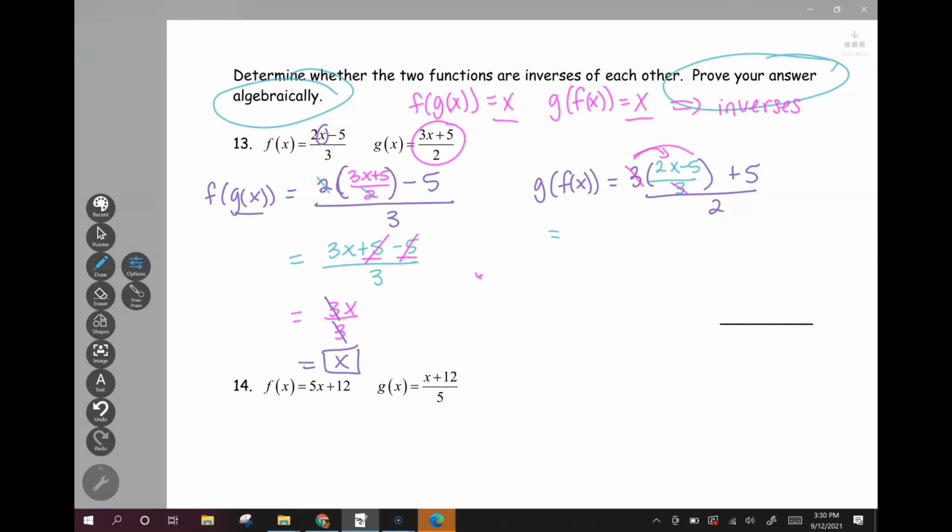You could distribute the 3 here if you wanted to, and then cancel it later, but it's obviously much easier to recognize it right there. That 3 divided by 3 goes away. All right, and now we've got negative 5 plus 5 is 0. And now 2 divided by 2. So it all simplifies to x. So since both of those simplified to x, your final answer is yes, they are inverses.